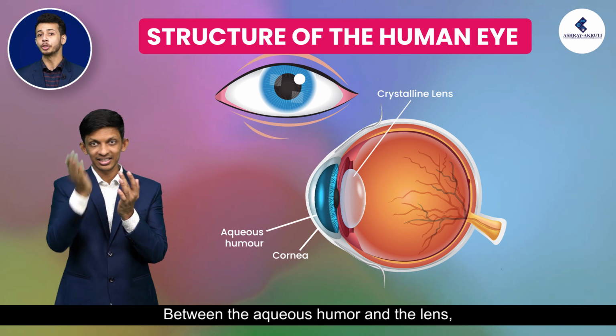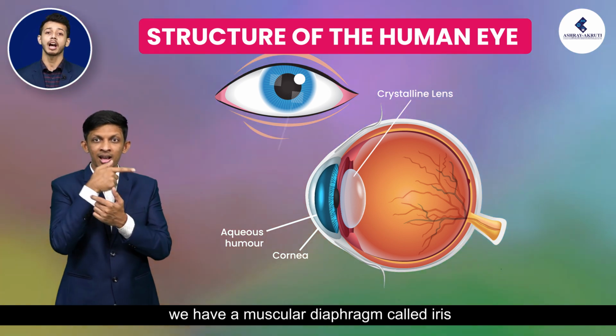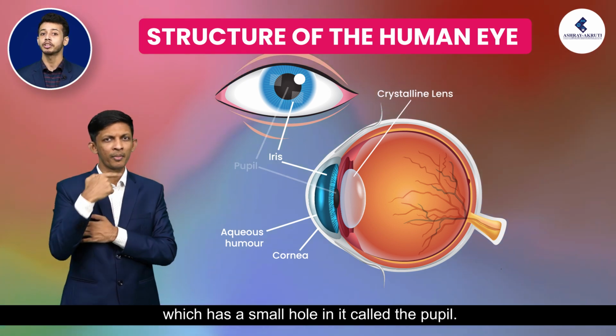Between the aqueous humor and the lens, we have a muscular diaphragm called iris, which has a small hole in it called the pupil.